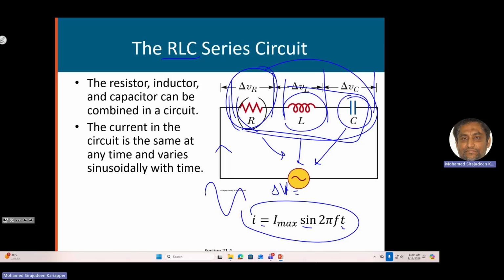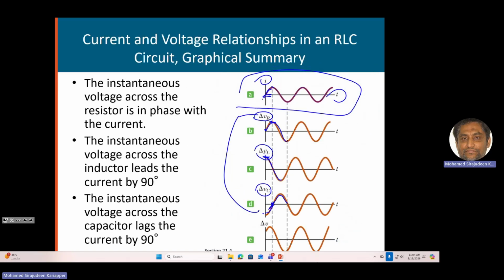The total voltage is the sum of these, right? The instantaneous value of the total voltage will be the sum of these three voltages. So what I will do now is add them to get the total voltage.